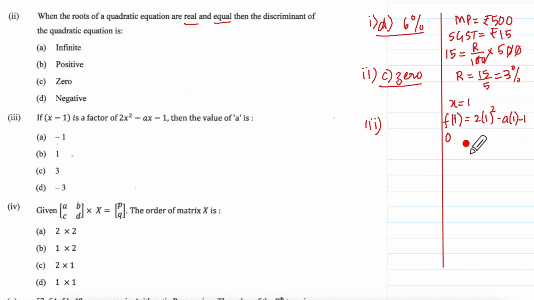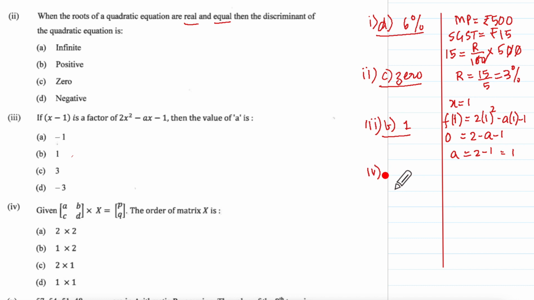Now this will be equal to 0 because this is the remainder. By the factor theorem, f of 1 will be equal to 0 since x minus 1 is a factor. So this will be 2 ones are 2, minus a minus 1. So you will have a equal to 2 minus 1, and the answer will be 1. So we'll have B, which is 1.